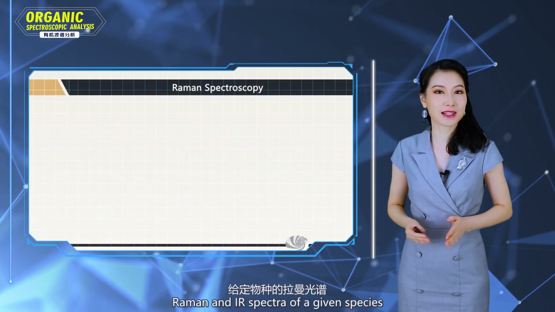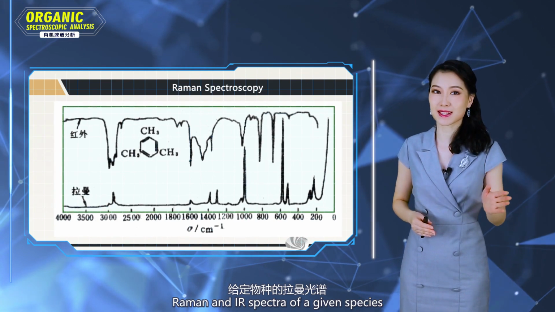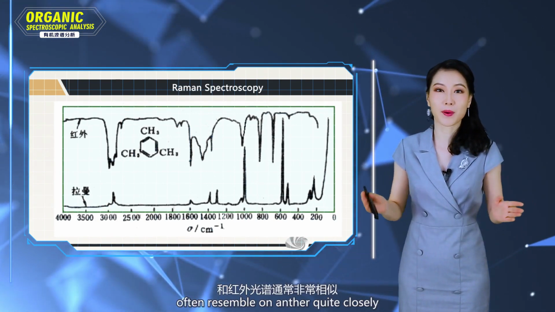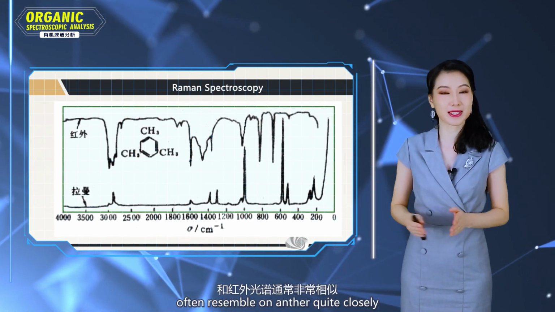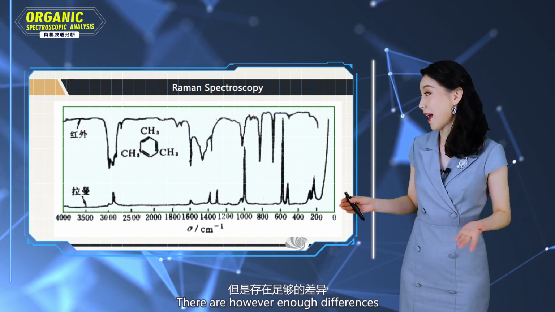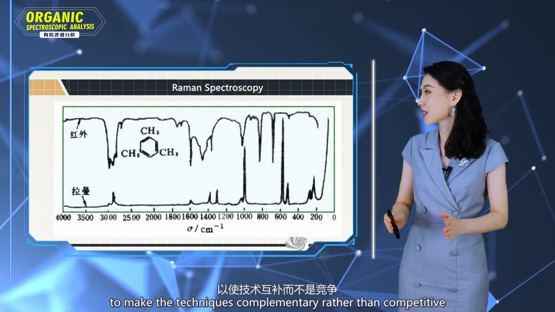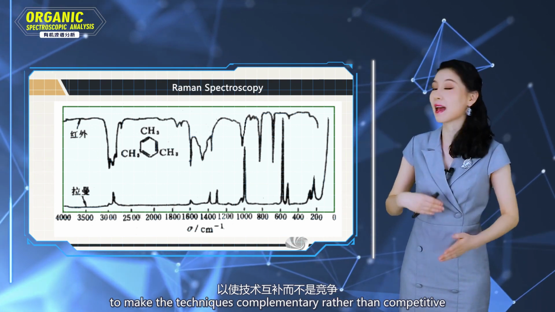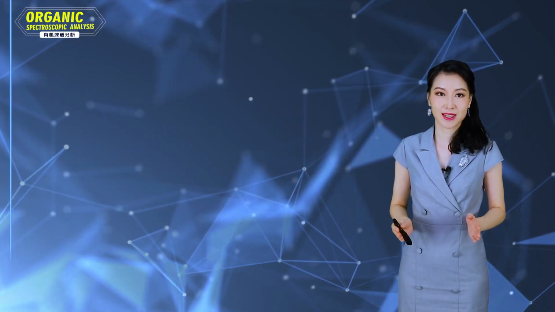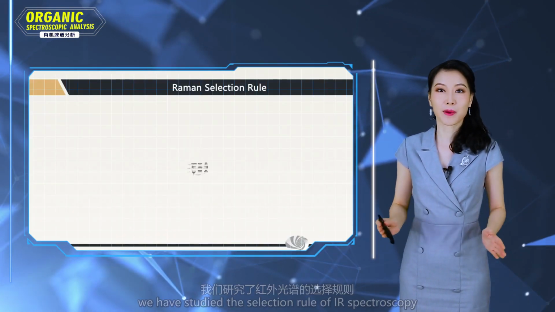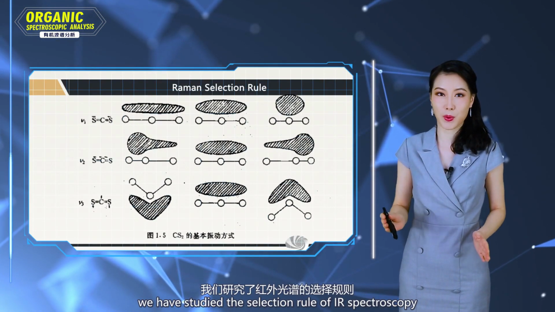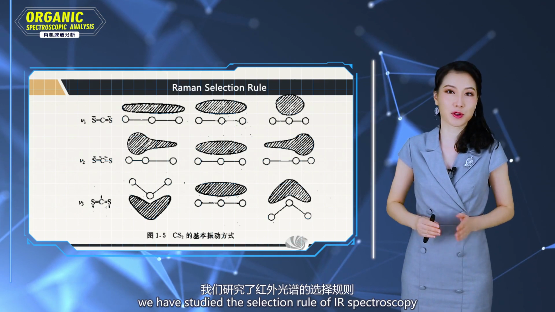Raman and infrared spectra of a given species often resemble one another quite closely. There are, however, enough differences to make the techniques complementary rather than competitive. In the previous lecture, we studied the selection rule of IR spectroscopy.